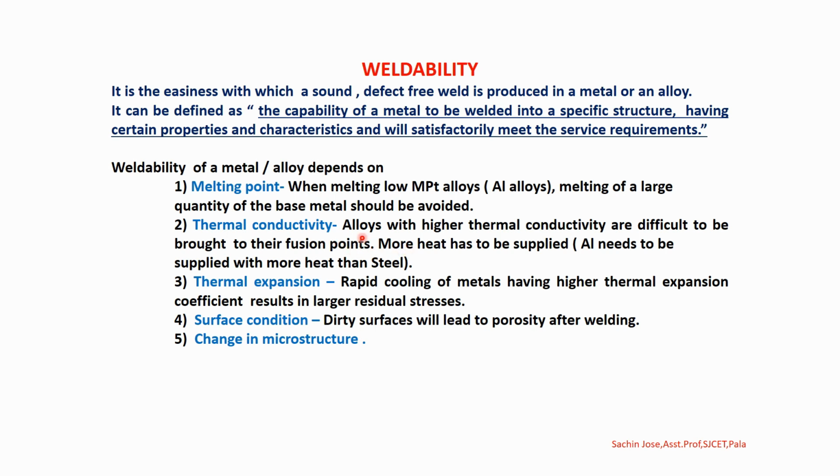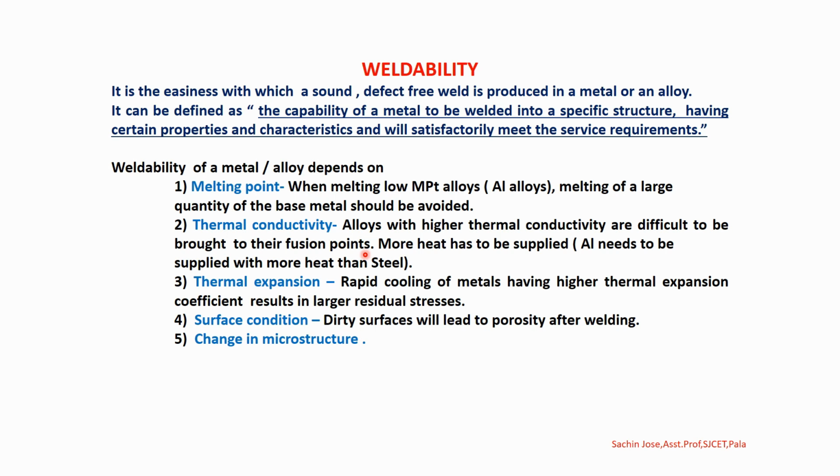Here again, alloys with high thermal conductivity are difficult to bring to their fusion points. Why? Because they just transfer away the heat, right? They give away the heat from their body very easily.